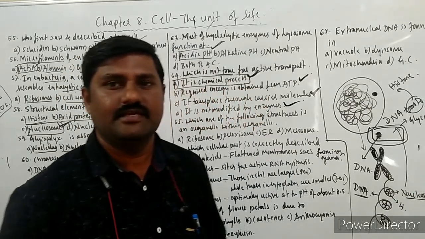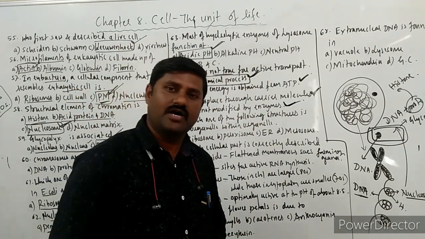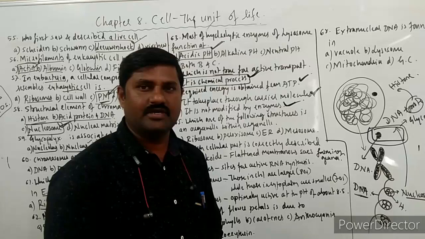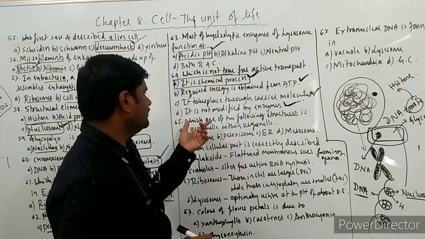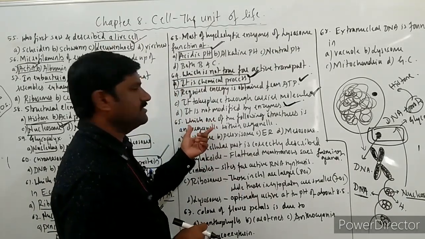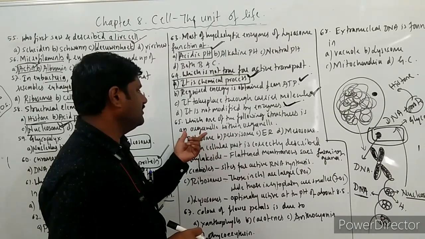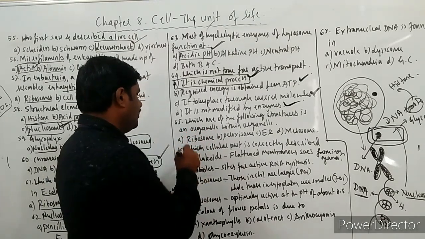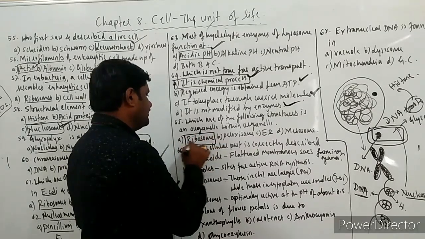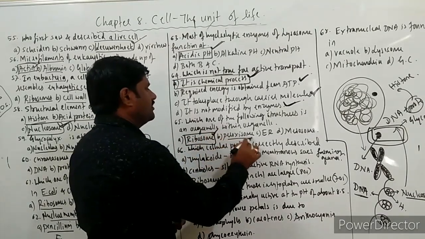Ribosomes especially. Hence ribosomes are the smallest particles, present inside other organelles. They are said to be organelles within organelles. So option A is the right answer for this question.